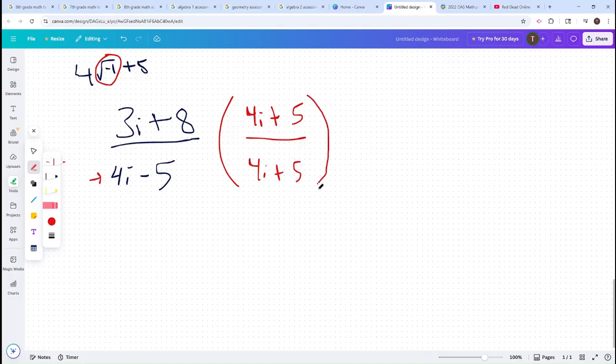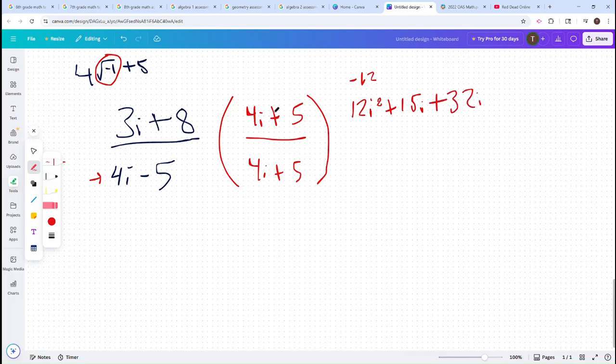And now we've basically just given up on dividing. This is basically straight multiplication here. So we've got 3i times 4i, that's 12i squared. That's going to be a negative 12 here in a minute. We've got 3i times 5, that's 15i. And we've got 8 times 4i, that's 32i.